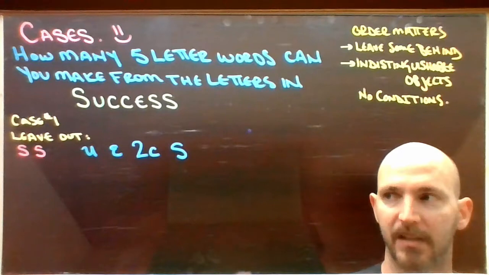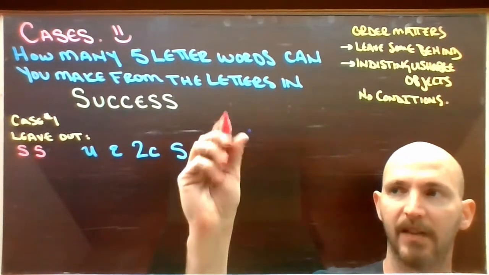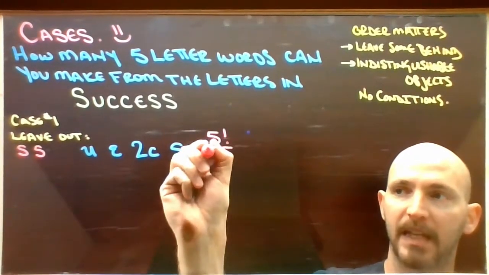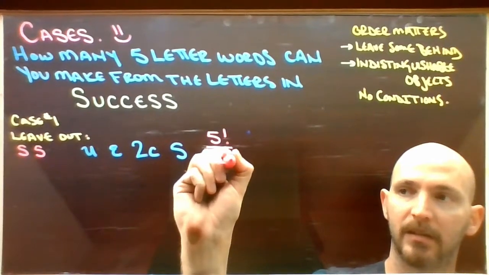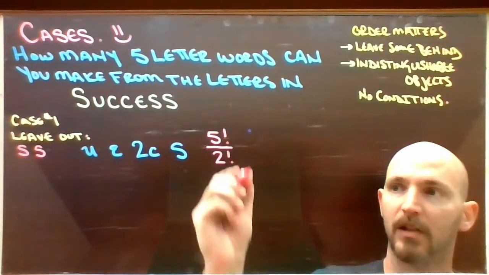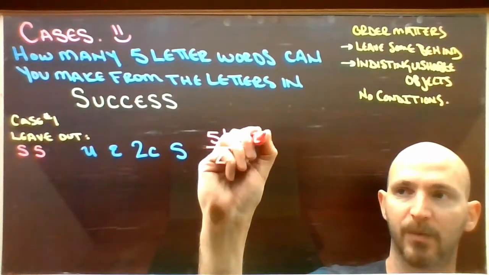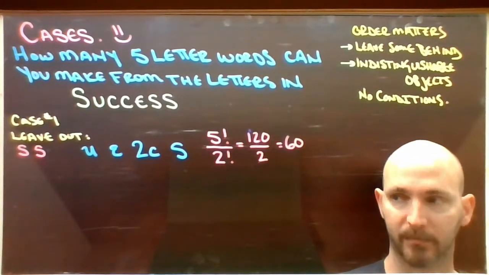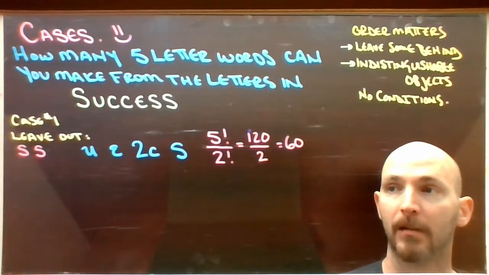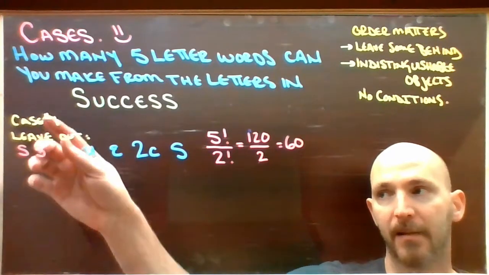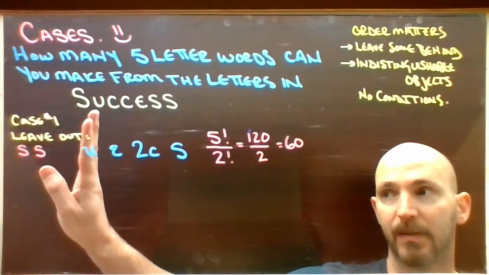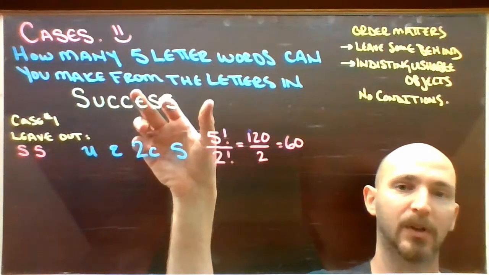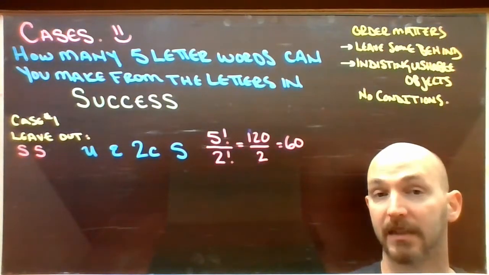So I would count this by taking the 5 letters that are left and shuffling them, and I will have to eliminate the double counted C. 5 factorial is 120, 2 factorial is 2, for a total of 60 ways. So by manually leaving these letters out, I have reduced the problem down to 5 available letters to make 5-letter words from, and then I can just count them like I did in the last section on permutations.